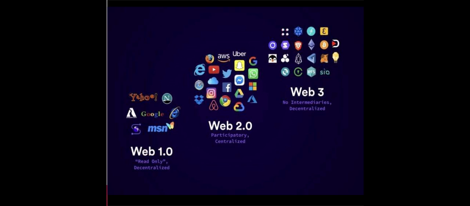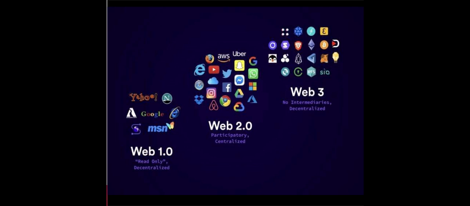If you look at Web 1.0, it was basically read-only, where you as a user just went and read. You never interacted. You never had anything to contribute on that platform. It was Google, MSN, Internet Explorer, Netscape, and the rest of them. It was just one-way traffic.